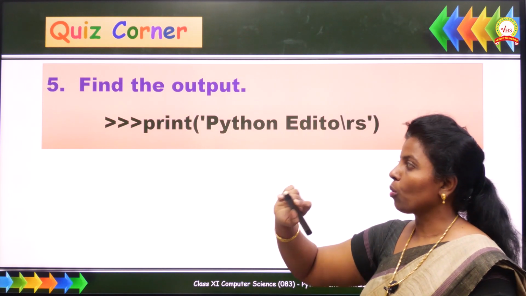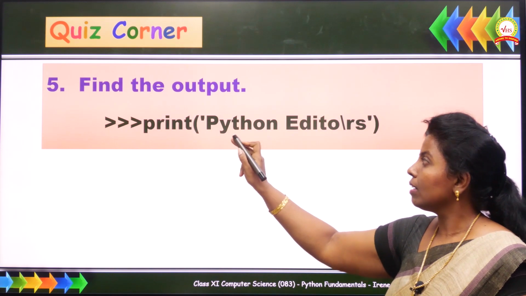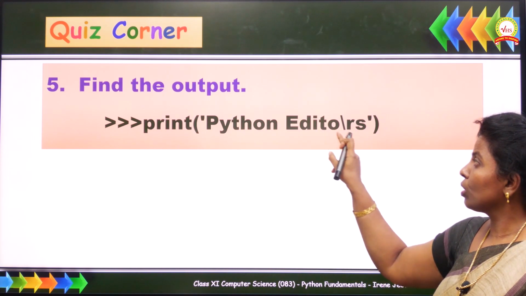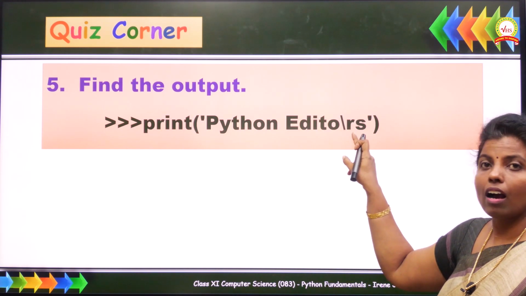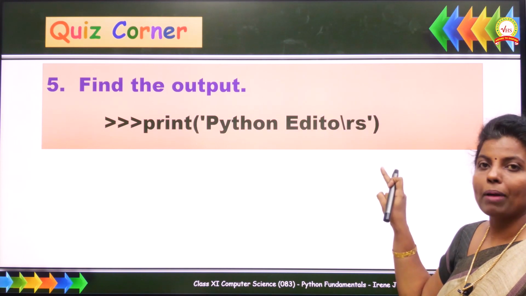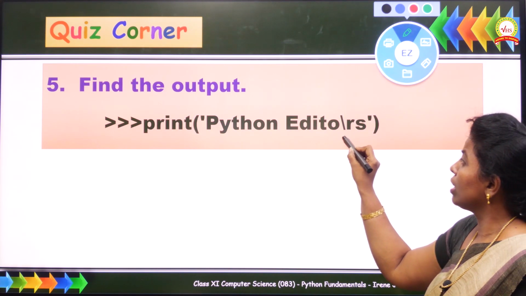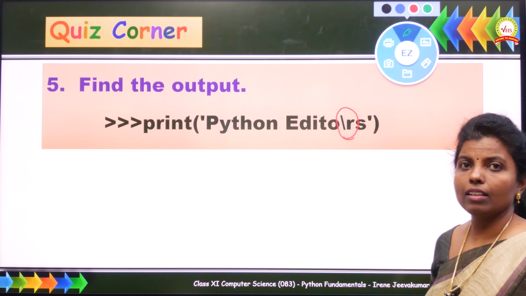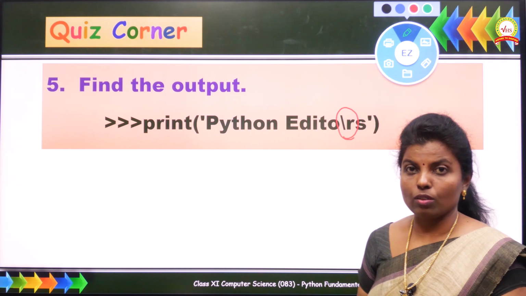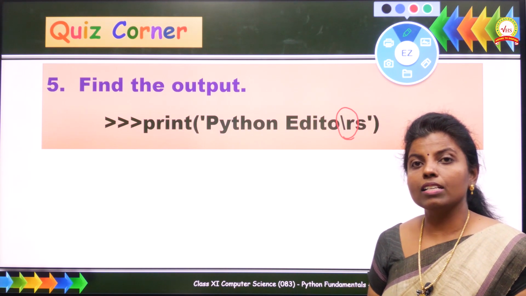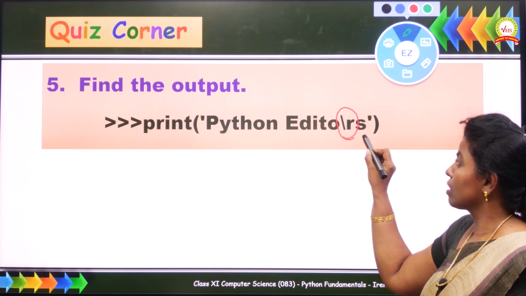Here again find the output, and here we have got print Python editor, right? Here you can see in editor, where R is there, 1 backslash is given. So this backslash will be joining with the character R, and it will be considered as a carriage return. What is the purpose of carriage return? Carriage return moves all the characters, how many characters are there?